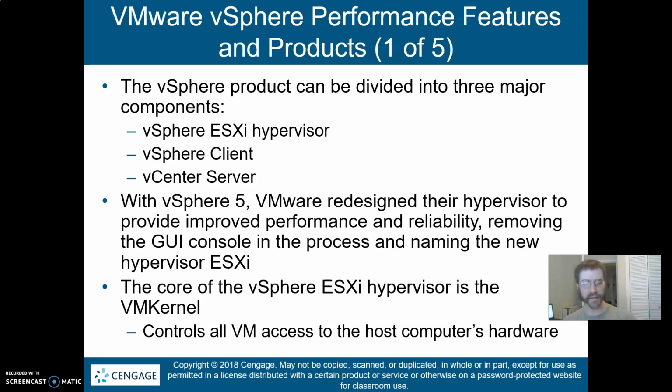With vSphere 5, VMware designed the hypervisor to give you improved performance. They took a GUI console out of the process and renamed the whole thing ESXi. So when we talk about an ESXi host, we mean a physical computer running a bare metal hypervisor.